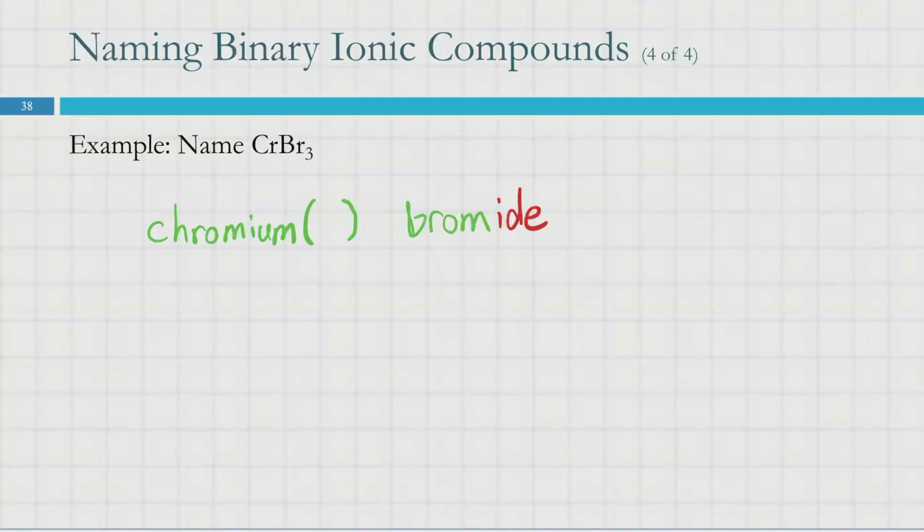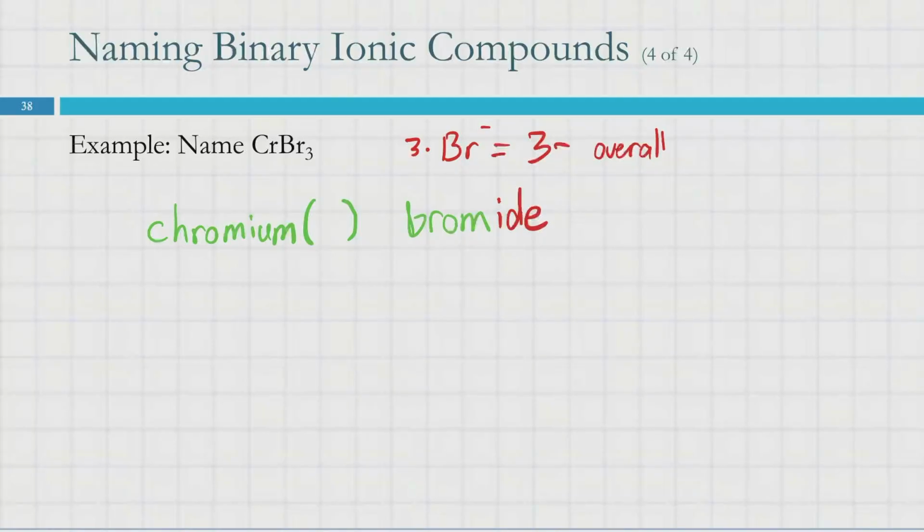Now we need to fill in the blank. We need to figure out what's the charge on the chromium. We know that the charge of the chromium has to balance out the charge of the bromine. Total positive charge has to balance out the total negative charge. So let's find out what's the total negative charge. Bromine has what charge when it's an ion? 1 minus. It's one spot over from our noble gases. So Br minus, and we've got 3 of them.